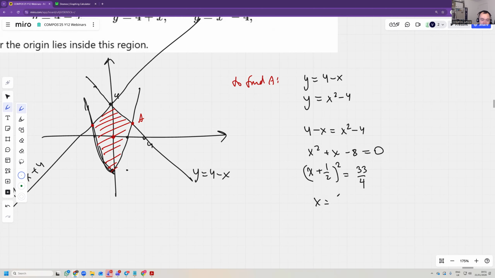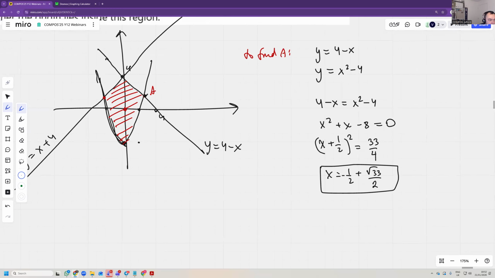So x is minus a half plus or minus, well, plus, because we don't need the minus, root 33 over 2. Okay, so that's the point. That's the right boundary. So minus a half plus root 33 over 2.